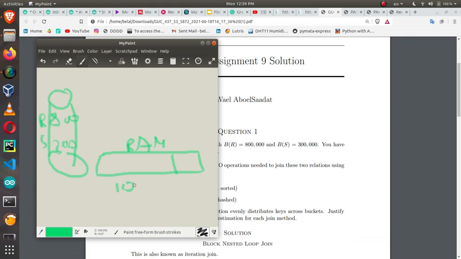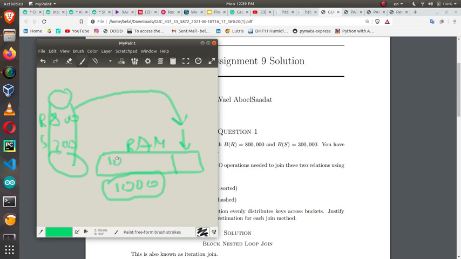So I will use 1000 of these blocks to load the smaller relation S, 1000 blocks by 1000 blocks, and I will use this extra block to pass over or iterate over all blocks of R to join it with the resident 1000 blocks of S.